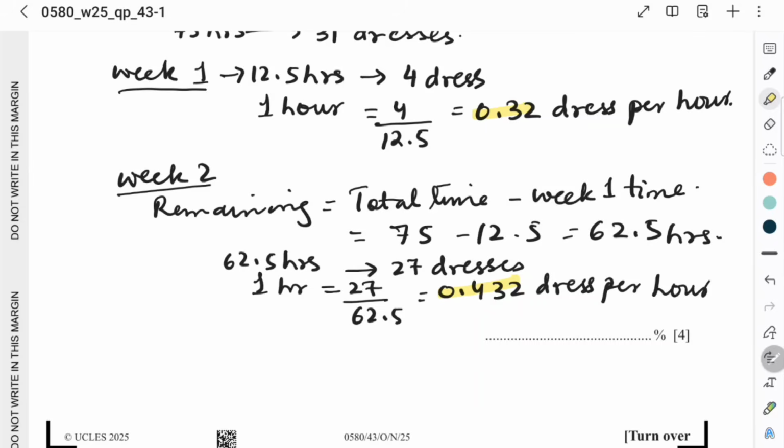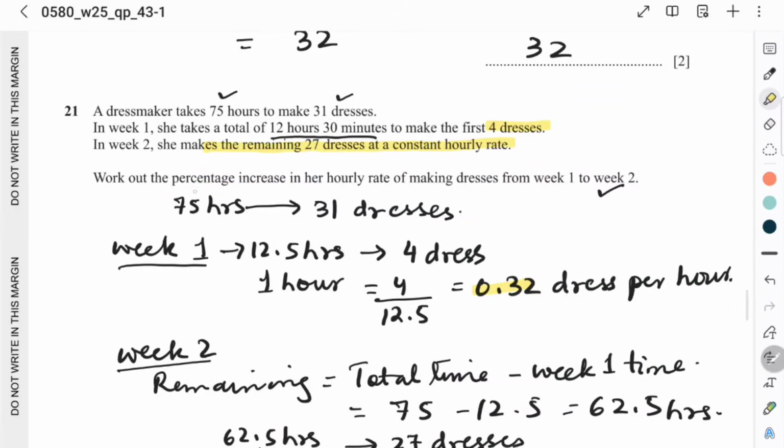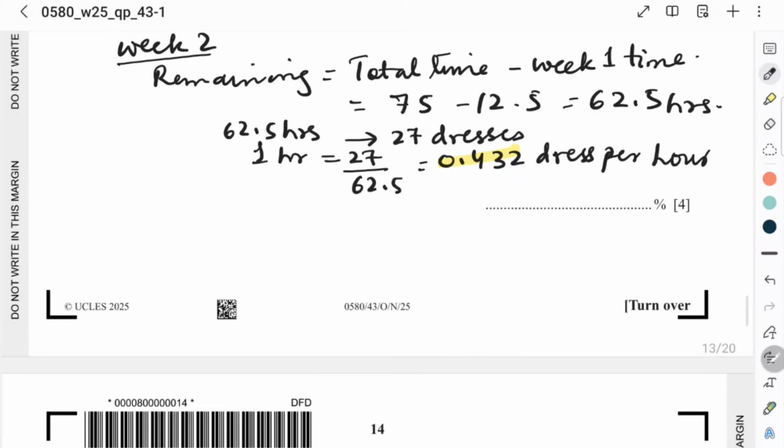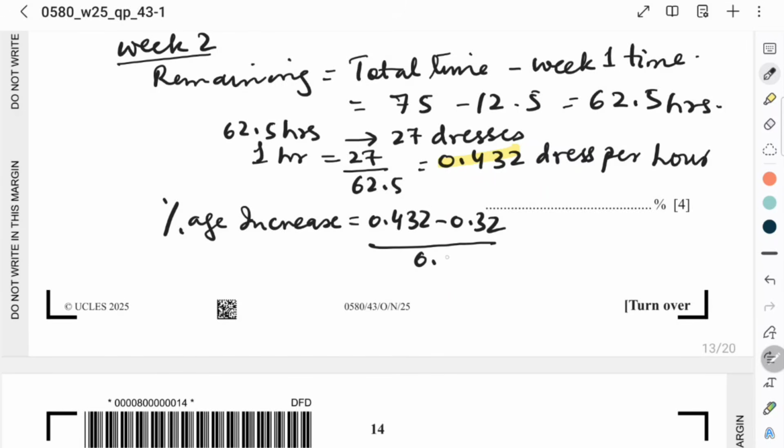So they are asking you the percentage increase in the question. So percentage increase means how much it increased divided by the old rate multiplied by 100. So we are going to find out the percentage increase is equals to the increase divided by the old rate to make dress in 1 hour multiplied by 100.